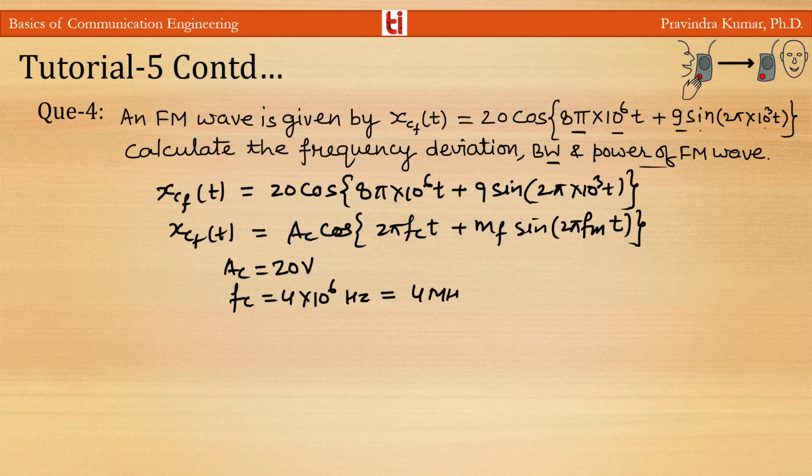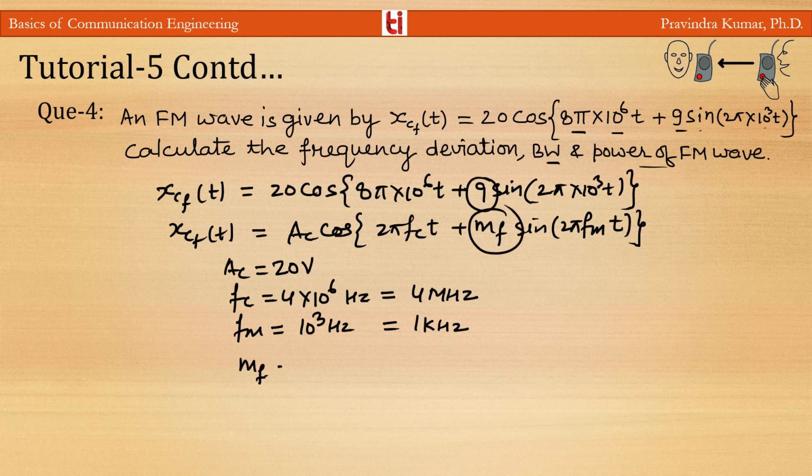And fm, the frequency of the modulating signal, is 10 to the power 3 hertz, or you can say 1 kilohertz. And the modulation index mf is 9. Here you can see the value of the modulation index is greater than 1. So we can say that this is wideband FM.